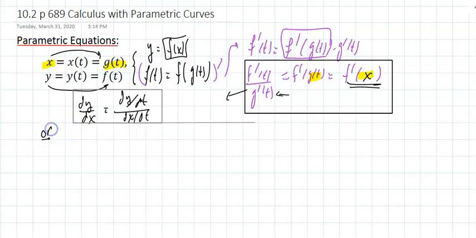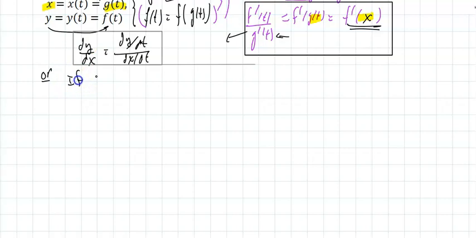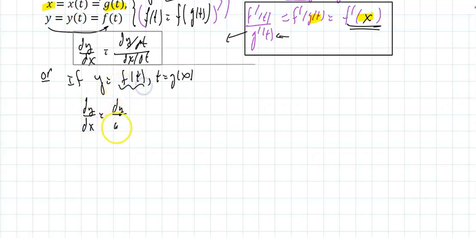Now, I'm going to show you another way of doing this, and that's mainly for 5c. I'm not big on the derivation, but I'm big on the application, something you need to do in 5c. If y equals f of t and t equals g of x, then by the chain rule dy/dx, dy depends on t and t depends on x.